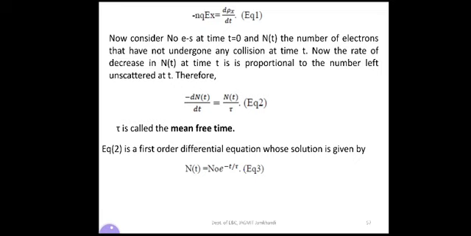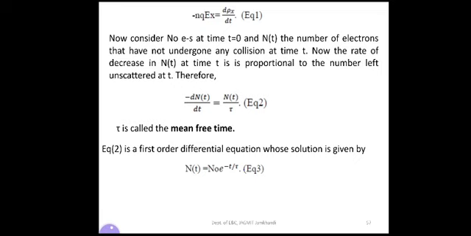If the collisions are truly random, then the electrons moving in the cross sectional area may collide with each other at any time. So there will be a constant probability of collision at any time for each electron.